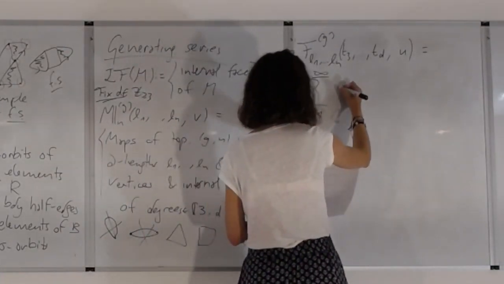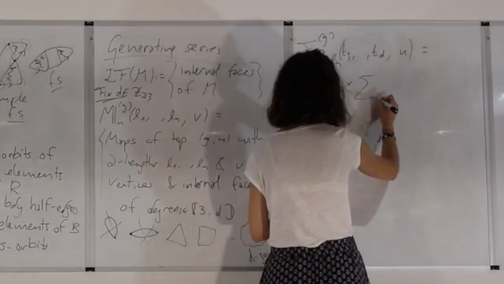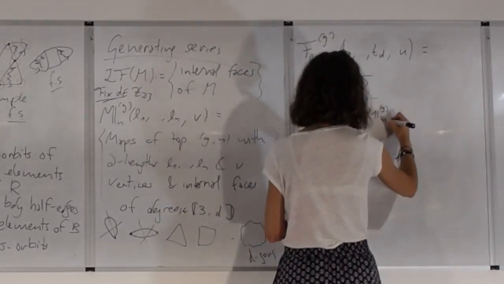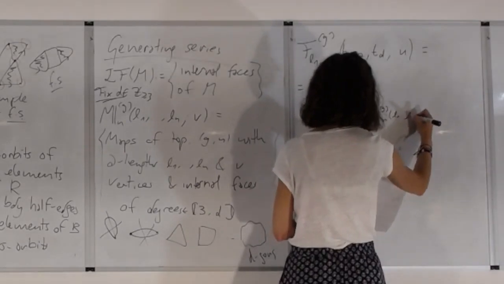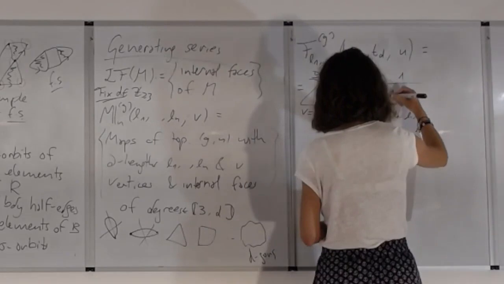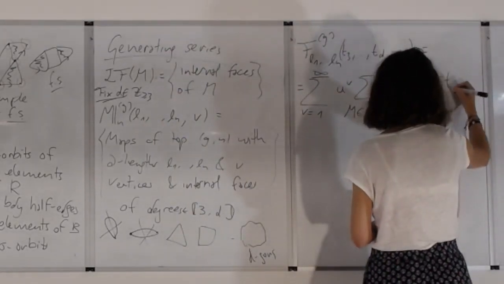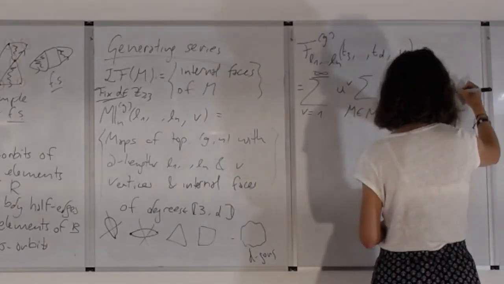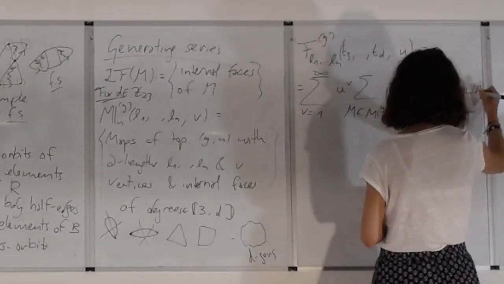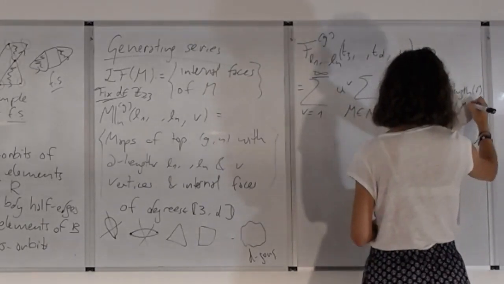We put a weight for the number of vertices to keep track of it. And then we sum over maps that belong to our set. We divide by the number of automorphisms, and we put weights t_k, where k is the length of every internal face. So here we take the product over internal faces of M.